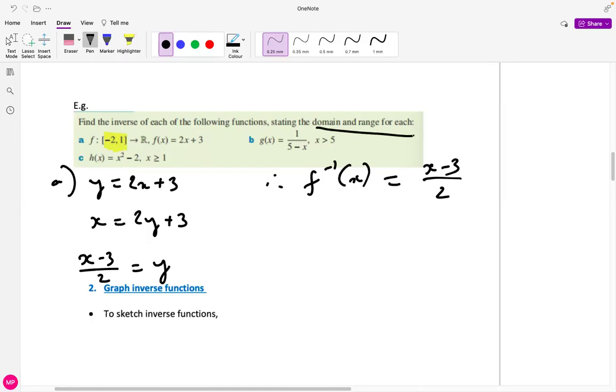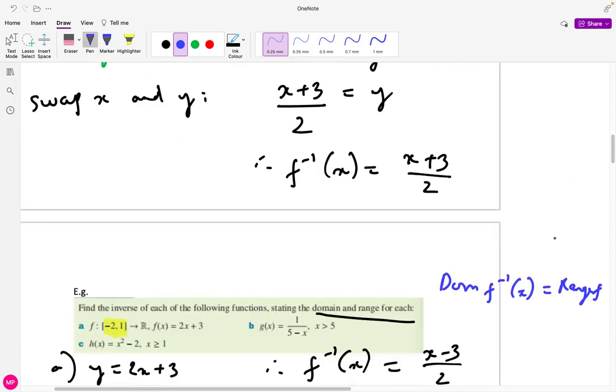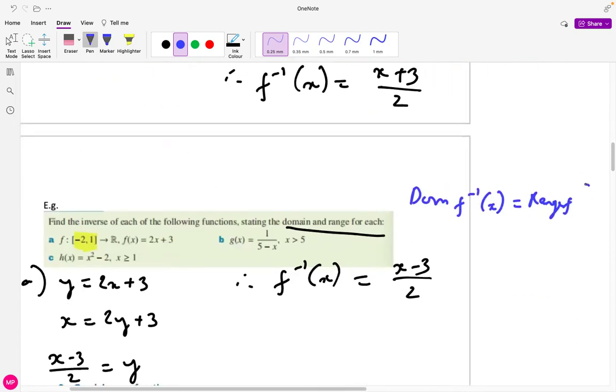Then now they ask you about the domain and range as well. So with the domain and range, the domain of the inverse is the range of the original, and the range of the inverse is the domain of the original.